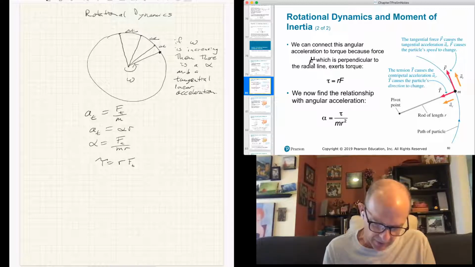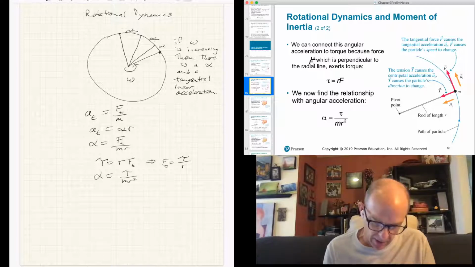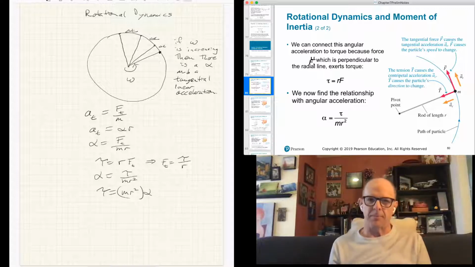That means if I substitute Ft is torque over r into this equation, I get alpha equals Ft, equals the torque over mr squared. And rewriting that, that gives me torque equals mr squared times alpha.